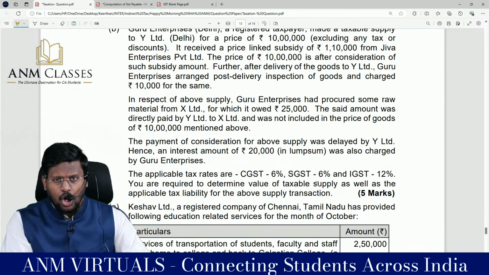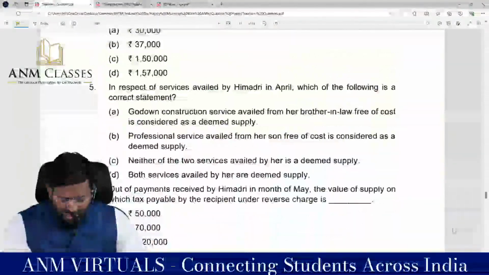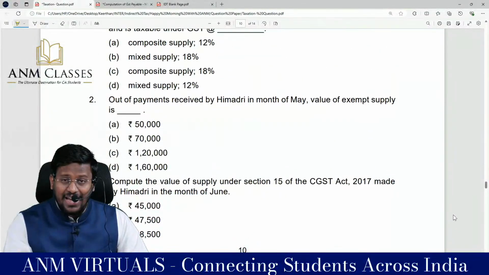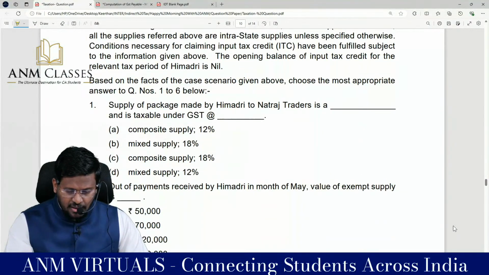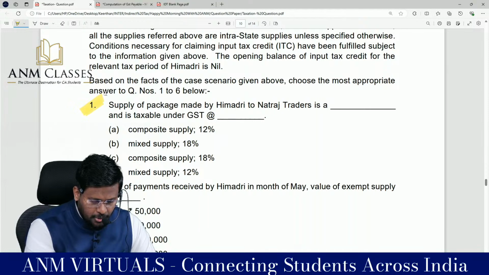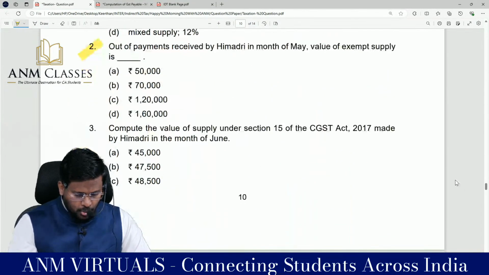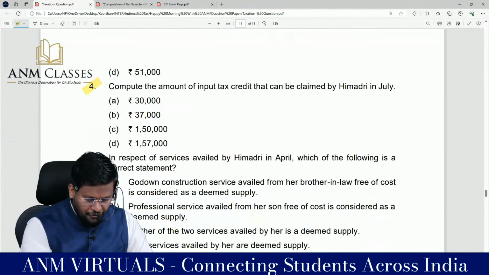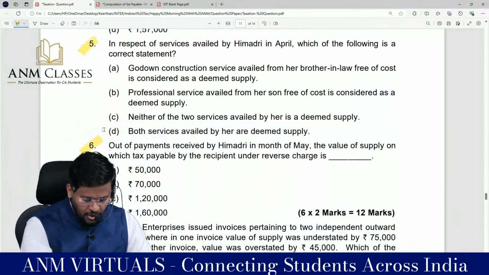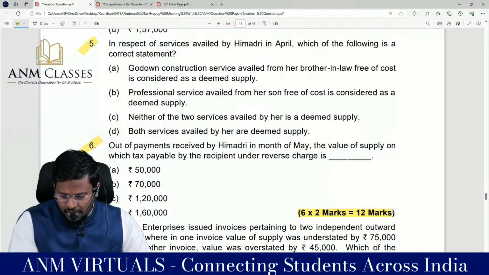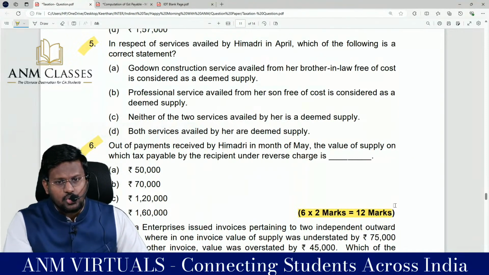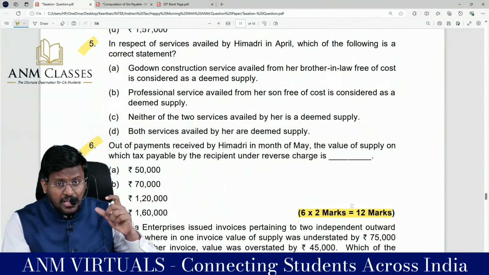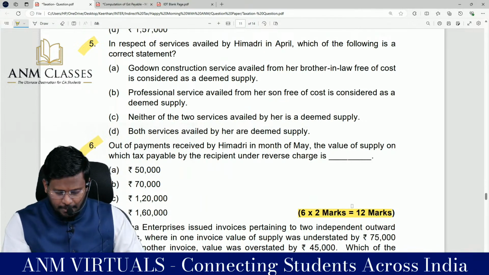In the coming slot, I will be solving this case scenario which is there in the MTP. They are asking question number 1, question number 2, question number 3, question number 4, question number 5, till now 5 questions. Question number 6 for everything, it is 6 into 2 comes to 12 marks. Out of 15 marks, they took 12 marks.